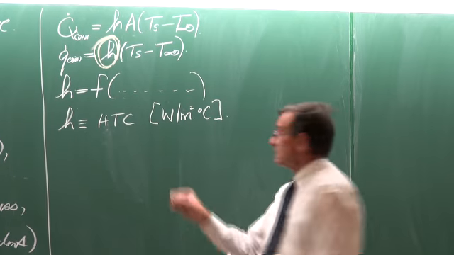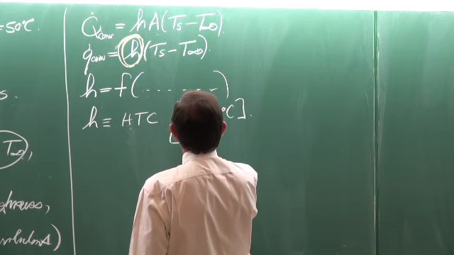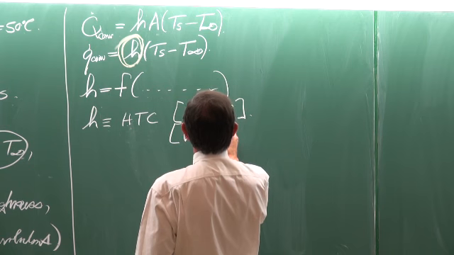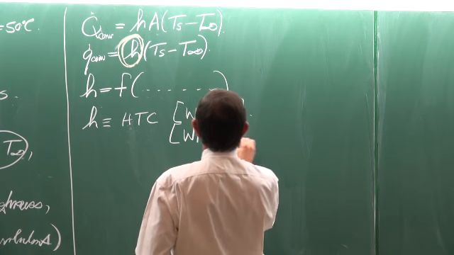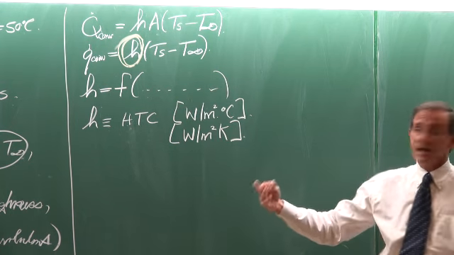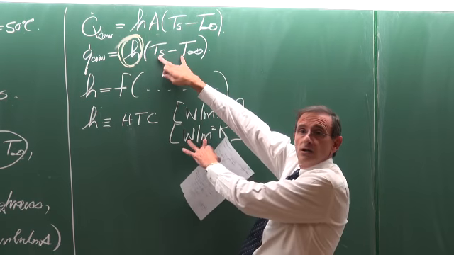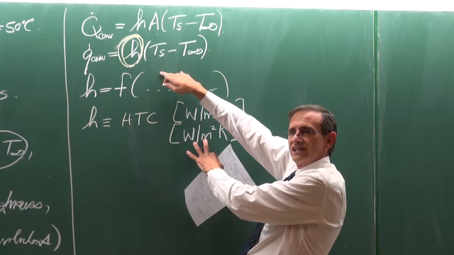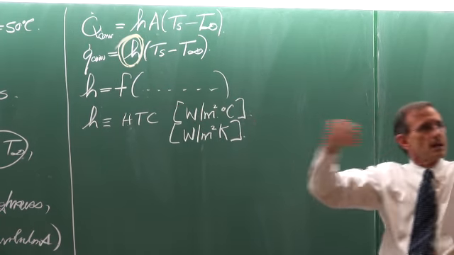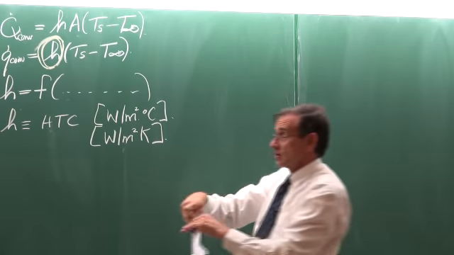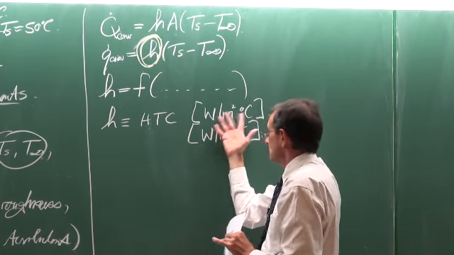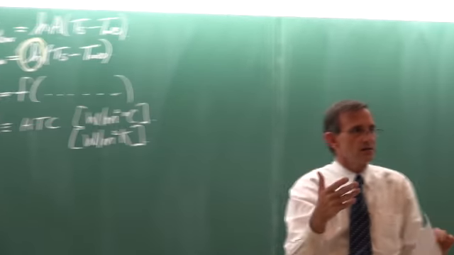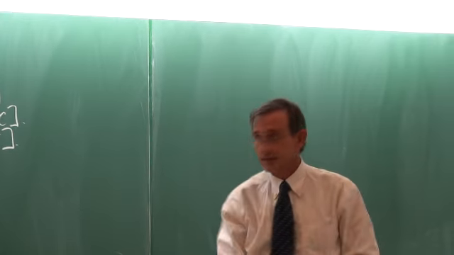In many cases, people are confused because sometimes they see it as watts per square meter Kelvin. It's the same, it doesn't matter, because in this equation, if you work with Kelvin or with degrees Celsius, it's the same delta T, and you can write the convection heat transfer coefficient as per degree Celsius or per Kelvin, it doesn't matter.